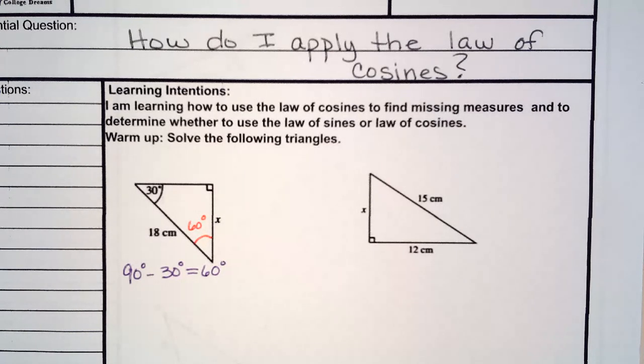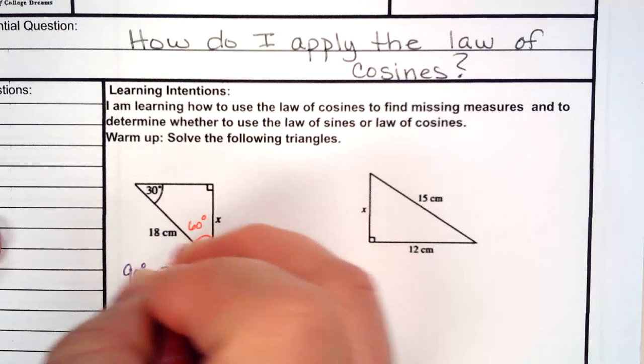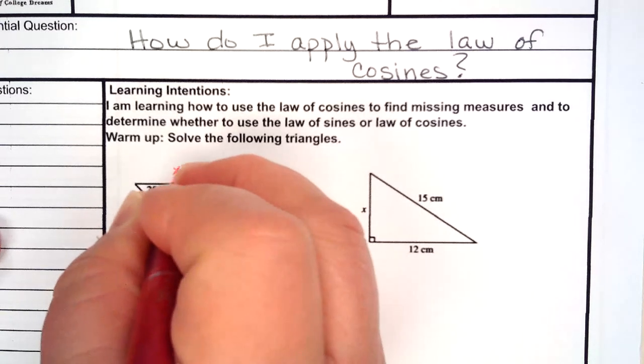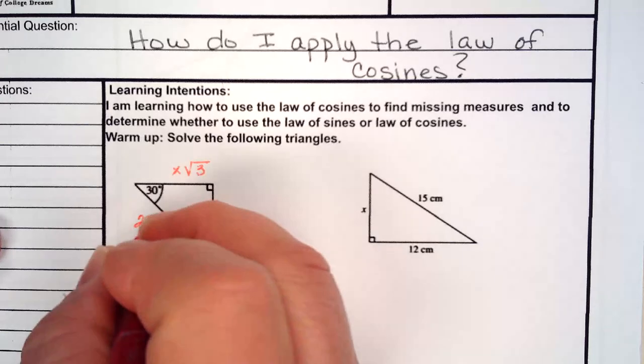18 is my hypotenuse. So if we're looking at the positions, my smaller side is x. This one becomes x square root of 3, and this hypotenuse is 2x.